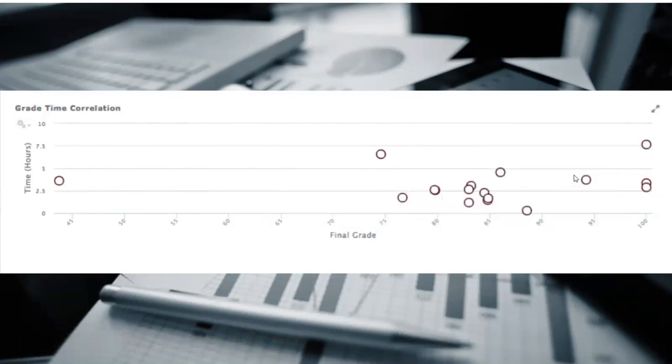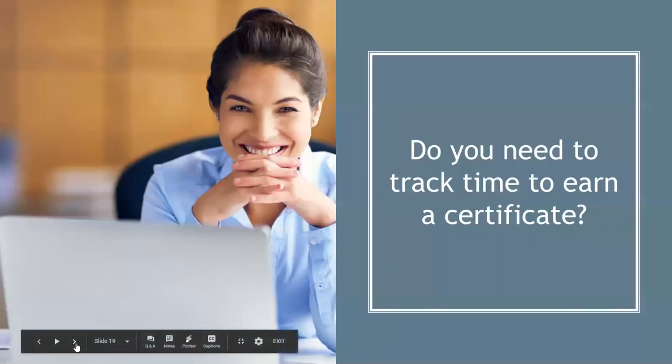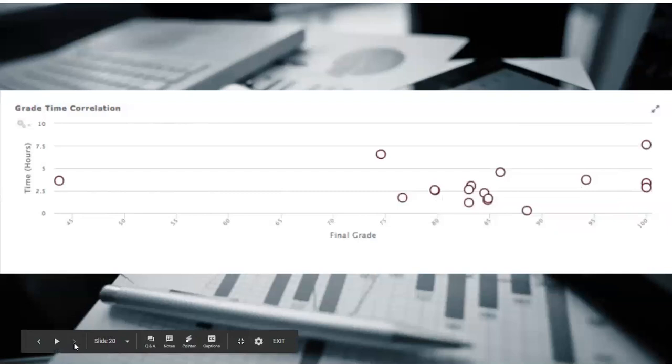However, everyone who scored above a 90% spent above 2.5 hours. So that's kind of interesting data to have, and even to show students that the time does correlate to higher grades. Okay, I think that might be my last slide.